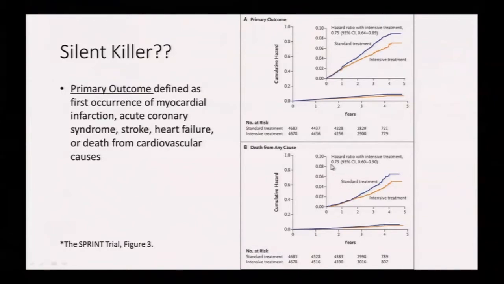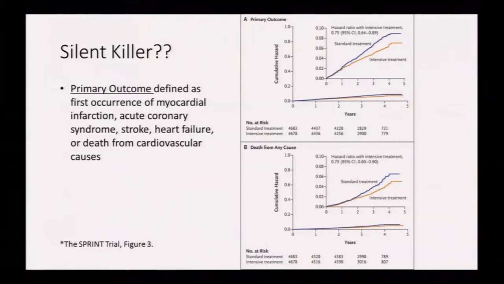And then the graph below shows the death from any cause. And again, you can notice that the separation in the two groups happened around 2 years from starting the treatment. So again, you see the intensive treatment group with the orange line below, and then the standard treatment group with the blue line.